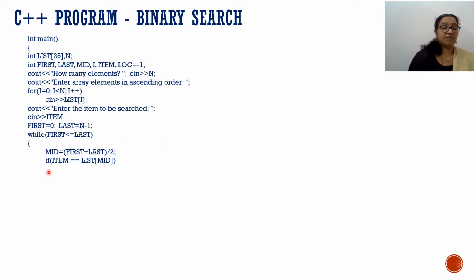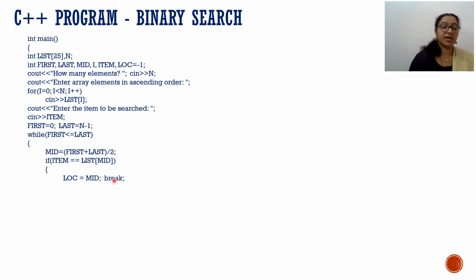Now we are checking if item is equal to list of mid. List of mid means mid is the index number, the position number here. So list of mid will give us the middle element. Is it equal to item? Yeah. If it is true, we can set the location as mid. So we got the location. First time it is minus 1, now we change it to mid.